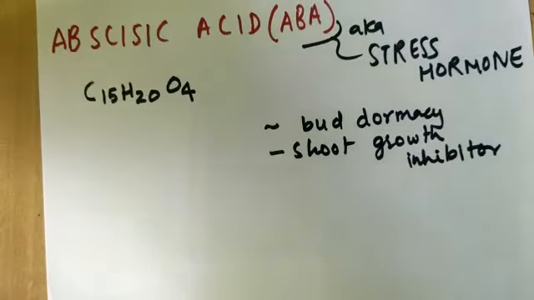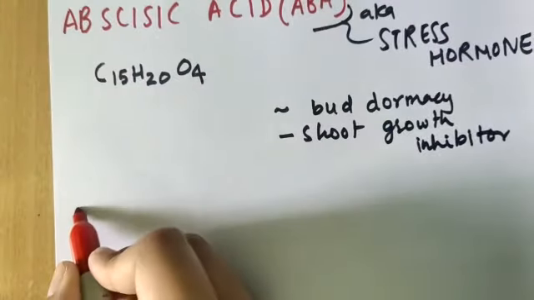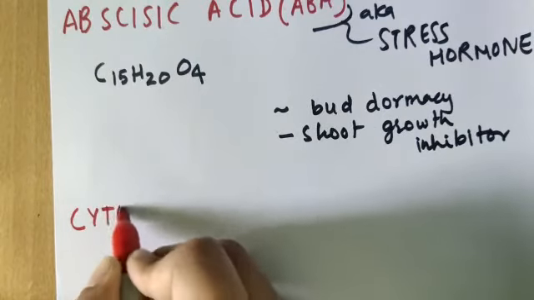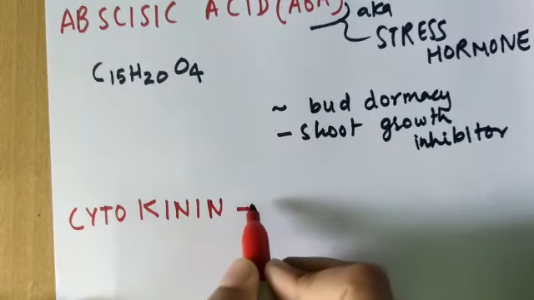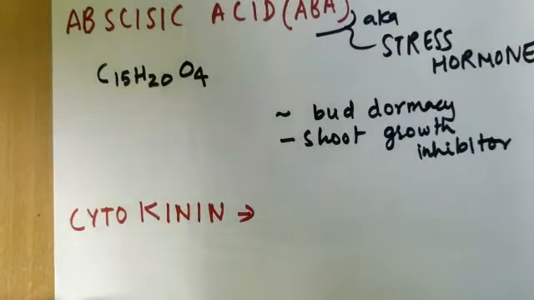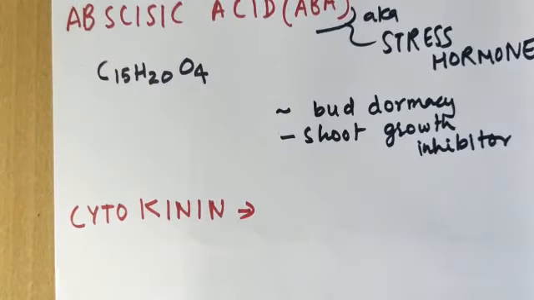The next hormone I'll talk about is cytokinin. You might have heard of the terms karyokinesis and cytokinesis. Cytokinesis is the division of cytoplasm and karyokinesis is the division of nucleus.